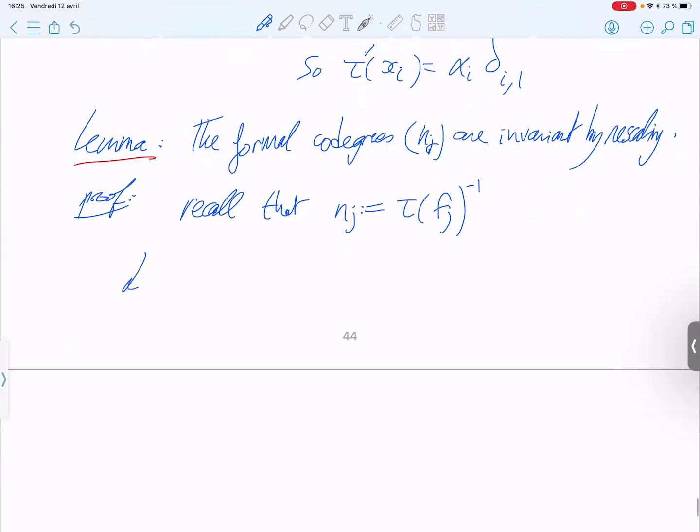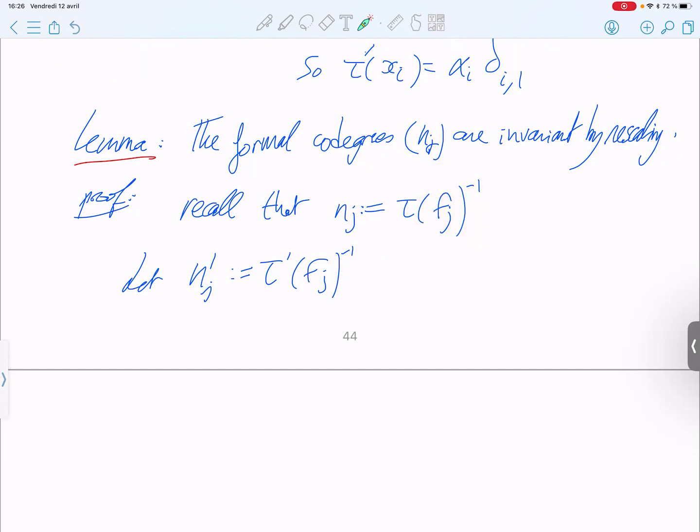So let Nj prime be tau prime of Fj inverse. So first observe that the primitive central idempotents do not care about the rescaling. In fact, this is just about the algebra.